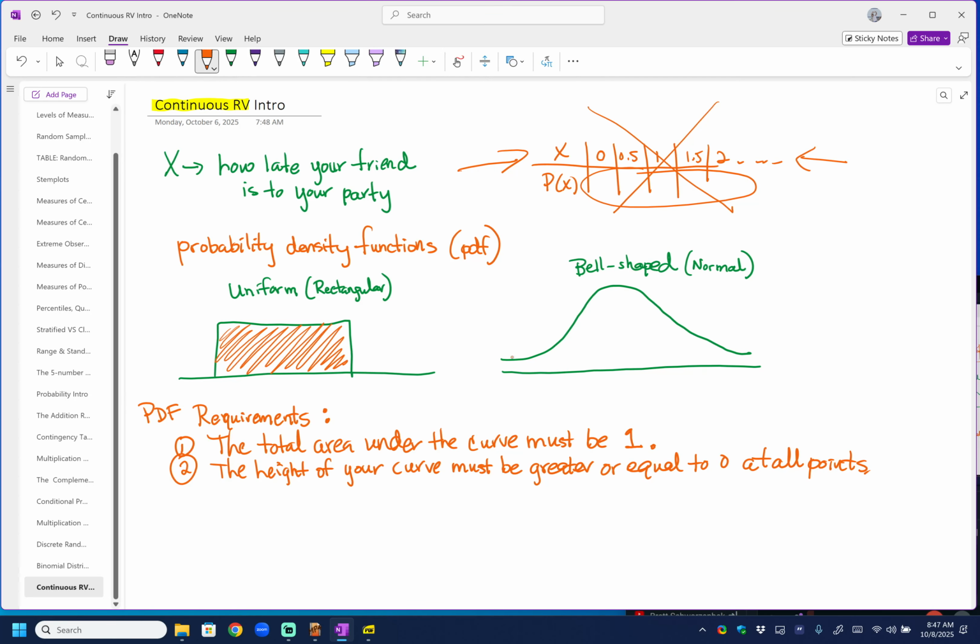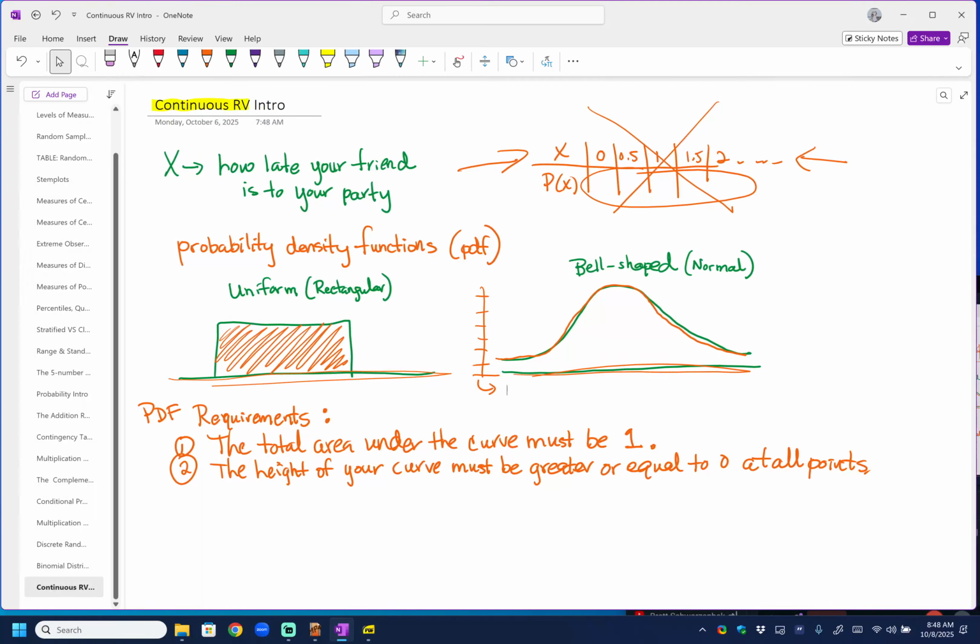That means as you move along your curve, you must have a height, meaning these values over here, your y values, that's greater than or equal to 0. So that means it cannot dip below the horizontal x-axis ever. It must be above or on that axis in order for it to be a probability density function. You can see in both scenarios, for this one, we have it on the axis. For this one, we have it above the axis.